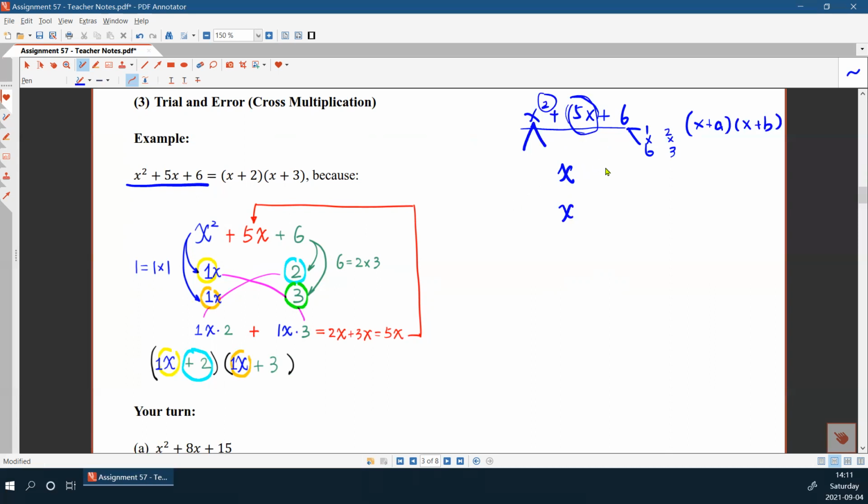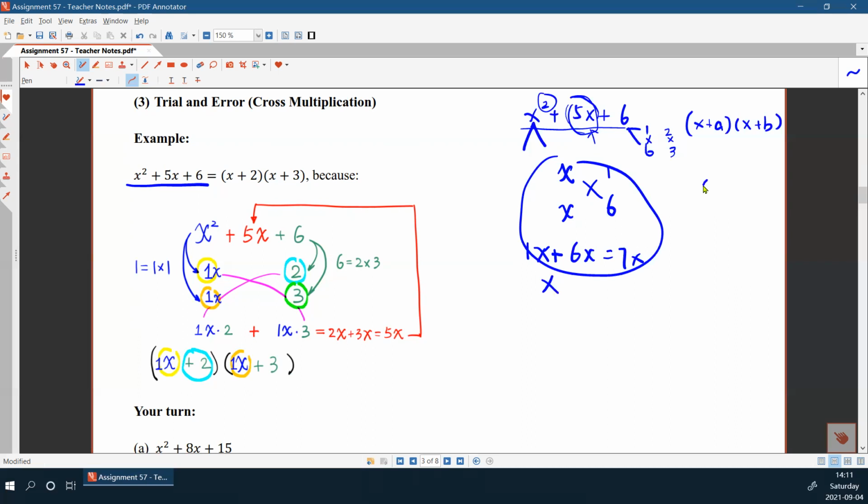For example, if we factor 6 to 1 and 6, then by cross multiplication we'll get 1x plus 6x, which is 7x. This is not 5x, right? So in this way, it does not work.